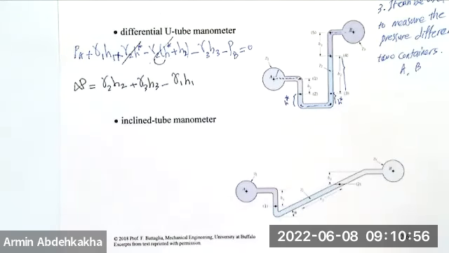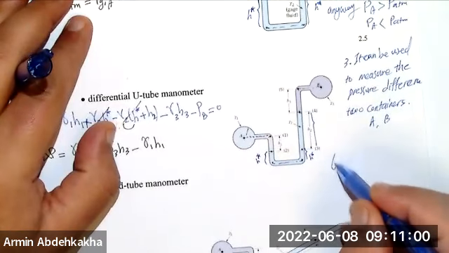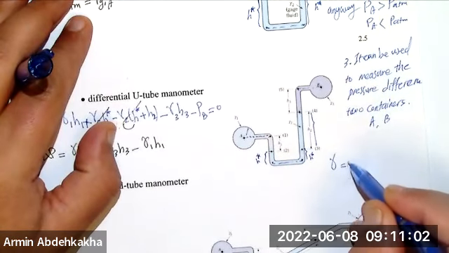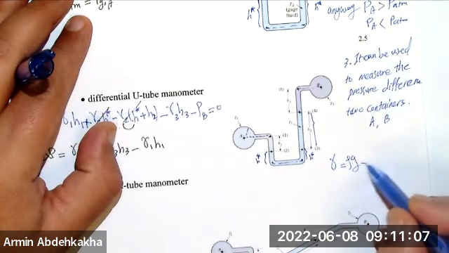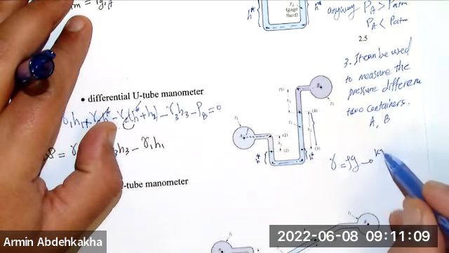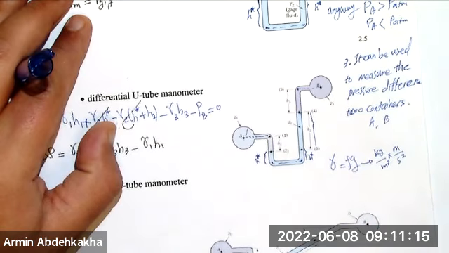What are the units on gamma? Gamma or rho g? Gamma is rho g, right? The unit of rho is kilogram per meter cube times meter per second square.